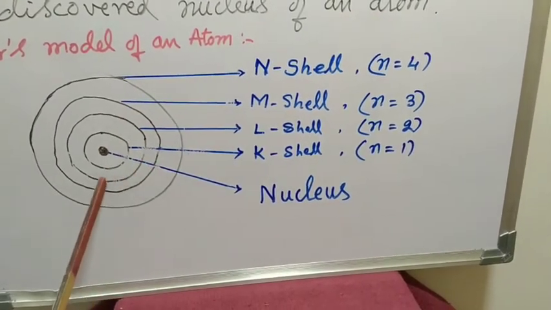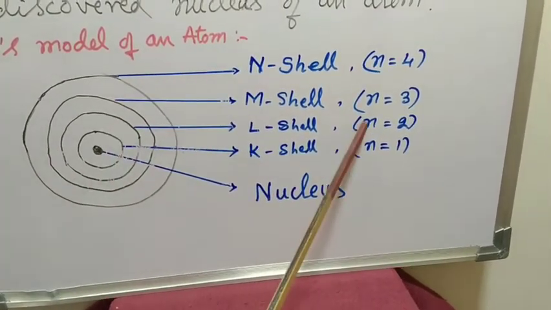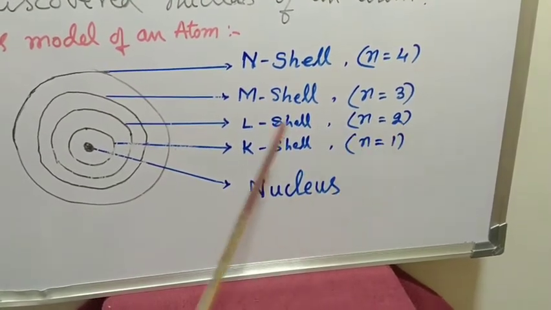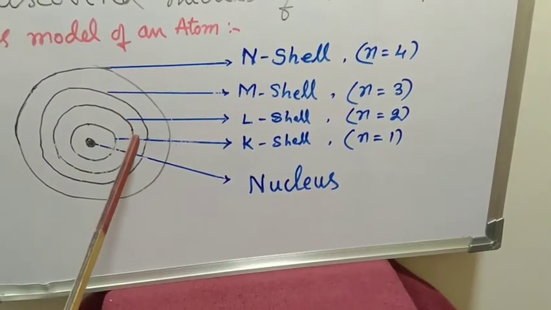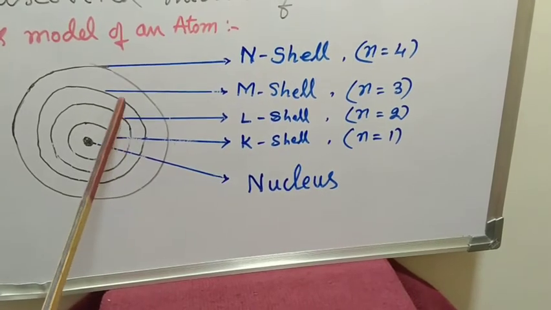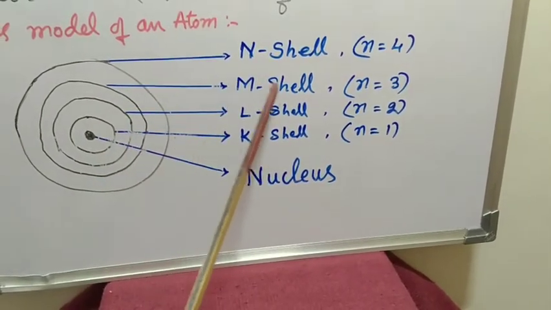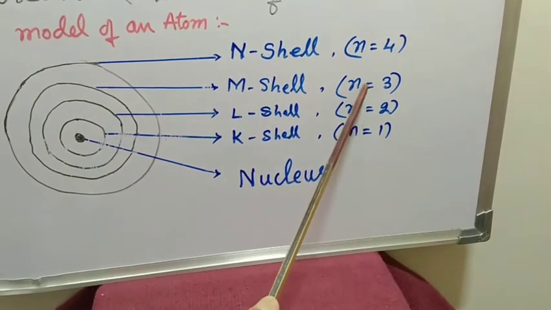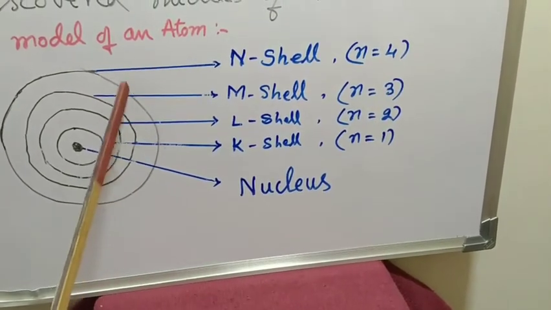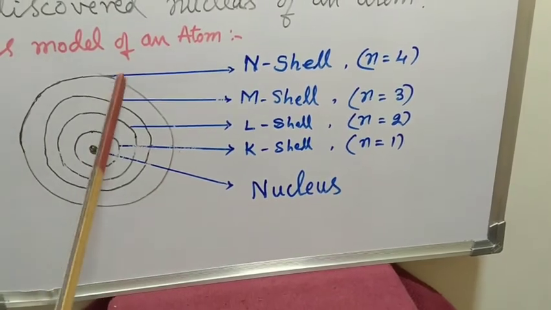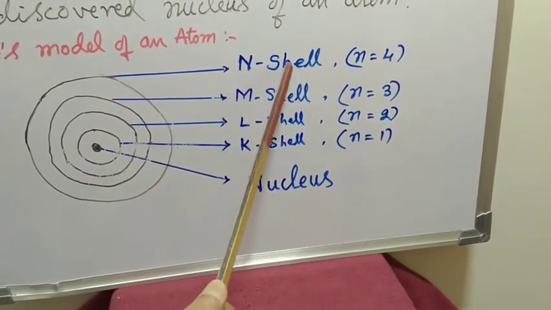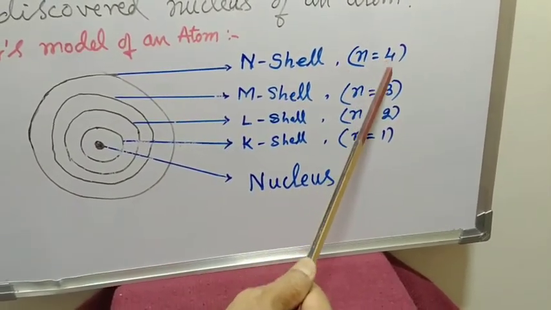Second shell, this is second shell. It is represented by n equal to 2. We call it as L shell. Third shell, this is third shell. We call it as M shell, that is n equal to 3. And this is fourth shell, that is represented by N shell, n equal to 4.